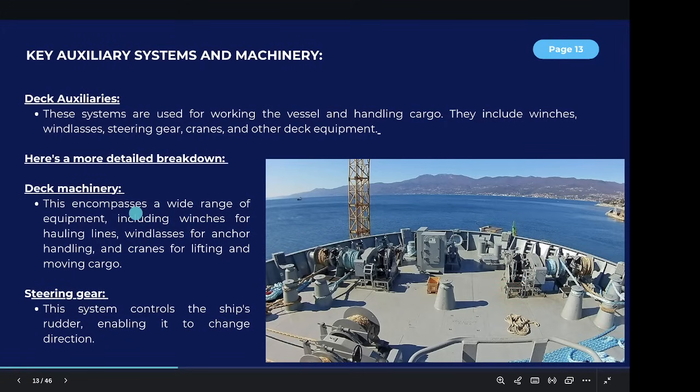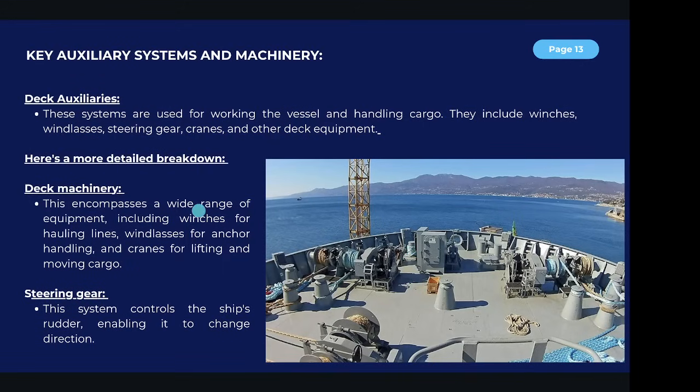The deck machinery encompasses a wide range of equipment, including the winches for hauling lines, windlasses for anchor handling, and cranes for lifting and moving cargo.